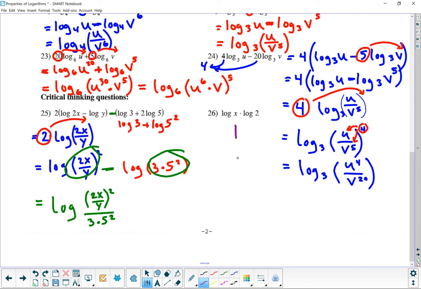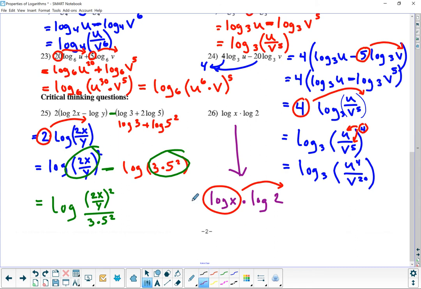I'll do this last one in purple, and it's a little tight squeeze. I could erase some stuff, but okay. So this one, pause it if you don't want it ruined, but think about it for a bit. You can think about it as if log of x is going to be multiplied into the log of 2, which means if we're using the backwards of the power rule, we can bring this that's being multiplied to the log to the back.